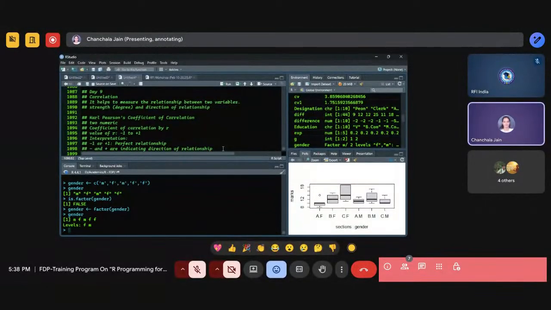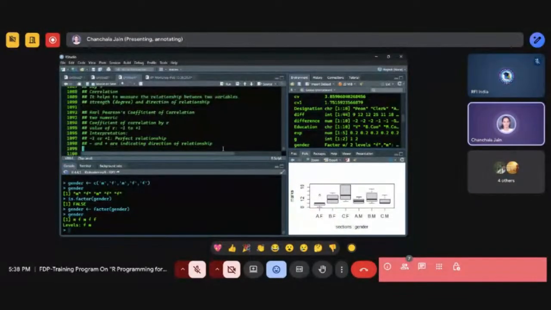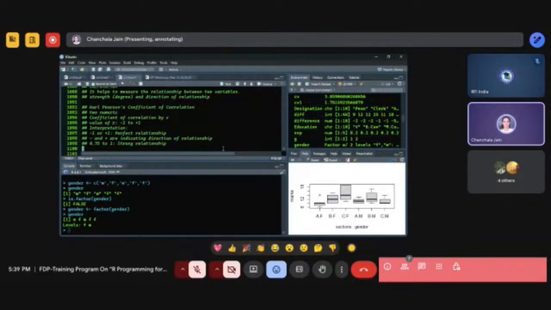Further, if r is between 0.75 and 1, we generally call it a strong relationship. Again, if plus it is positive, if minus it is negative. Between 0.5 and 0.75, it is a moderate relationship.